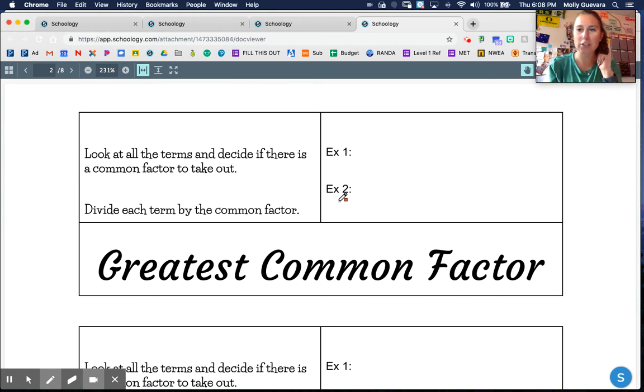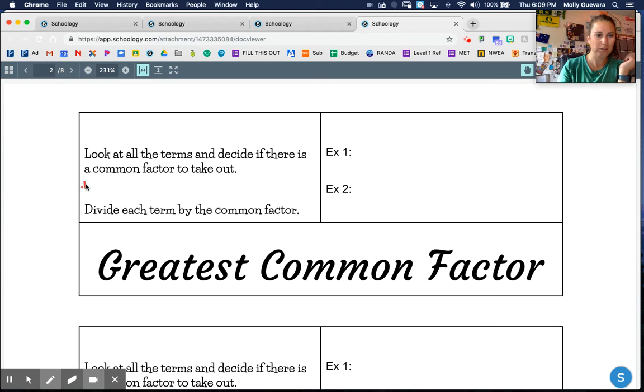So here on the screen, I have the sheet, greatest common factor. You're going to want to put this up so that you can write in here. When you're looking at factoring by taking out a greatest common factor, you want to look at every single term and decide if there's a common factor to take out. Is there a common number that you can take out? Is there a variable that you can take out? Or both, right?